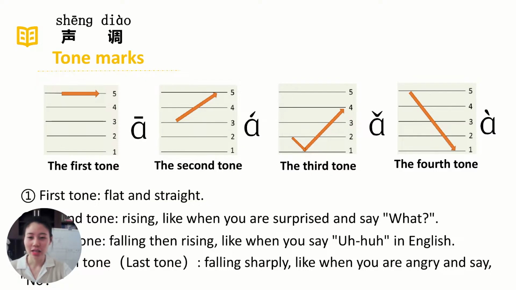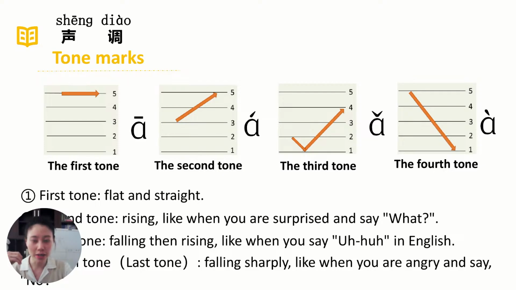Now we're going to move to the tone marks. In Chinese we have four different tones. When you get used to it, it's not that hard at all. The first tone is flat and straight.